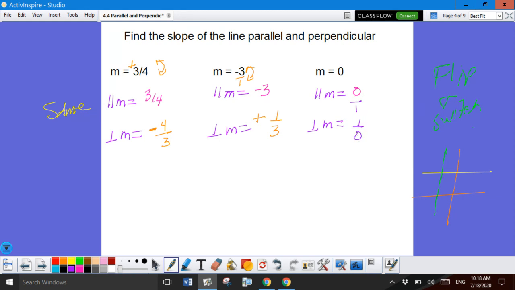Can I divide by 0? That's not possible. So the slope is actually undefined. So that is that special case, okay? And vice versa. The perpendicular to an undefined is going to be 0.